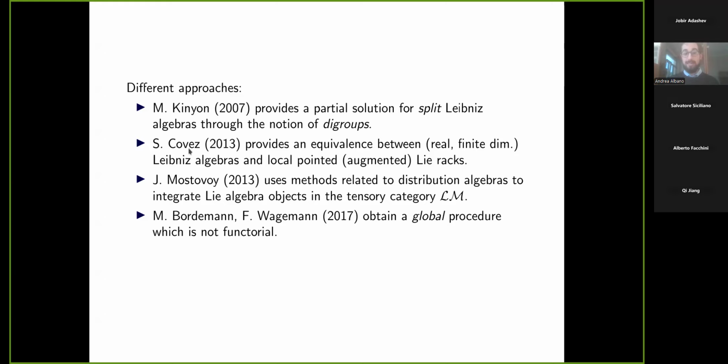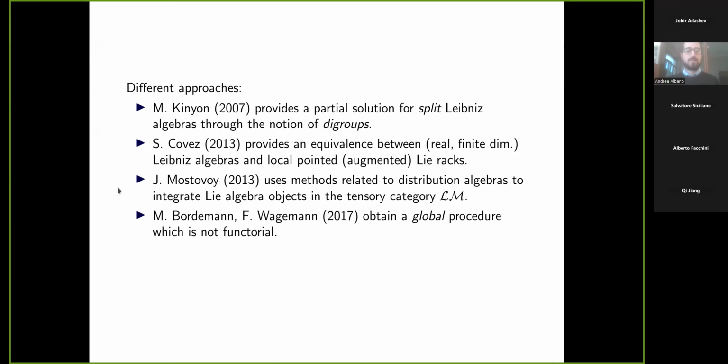Based on ideas from Kinyon, Kovets, I'm sorry if I'm mispronouncing it, in 2013, provides a local integration procedure for Leibniz algebras, which, by the way, has recently been proved to be global in the case of two-step nilpotent Leibniz algebras, for example. This is a result, if I guess correctly, from La Rosa and Mancini from 2022, so quite recent.